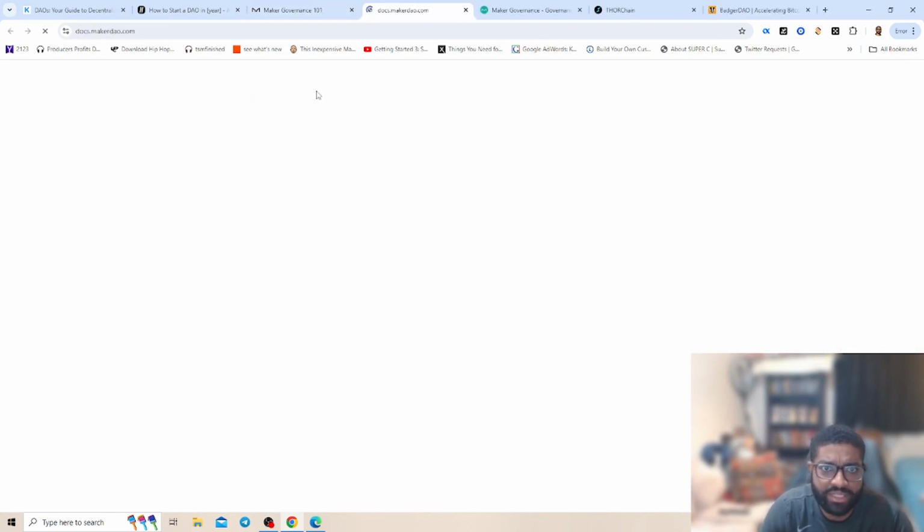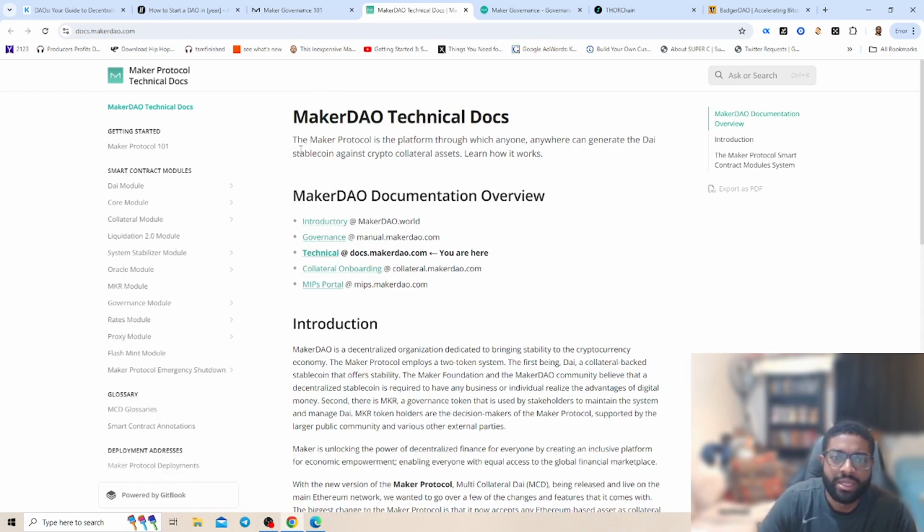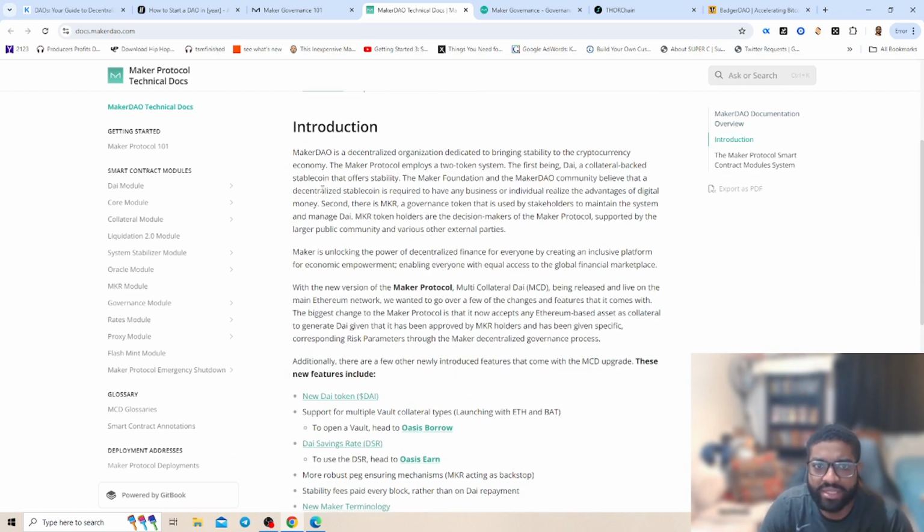They have documentation. So let's see if we can read a bit of this. The Maker Protocol is a platform through which anyone can generate DAO stablecoin against crypto collateral assets. So as an introduction, MakerDAO is a decentralized organization that brings stability to the cryptocurrency economy. The MakerDAO employs a two-token system, the first being DAO, a collateral-backed stablecoin that offers stability.